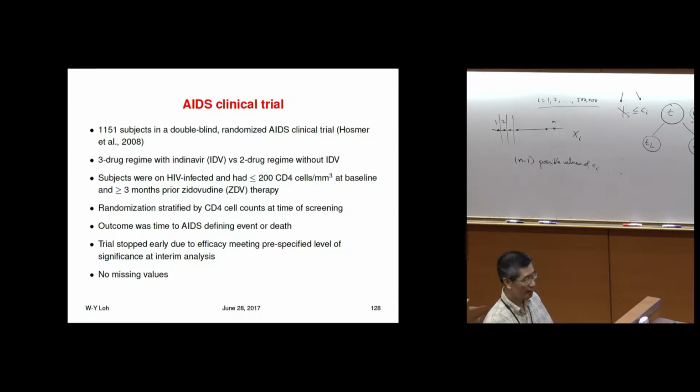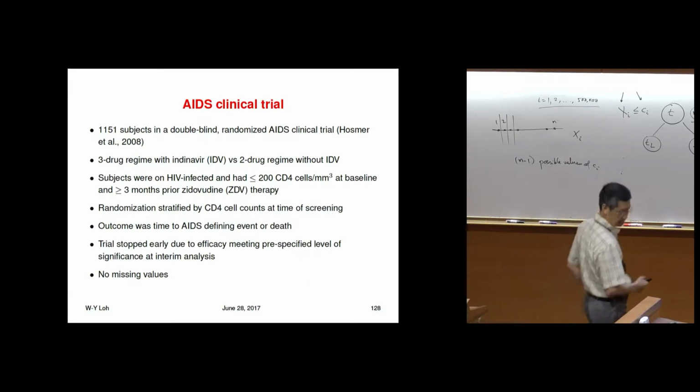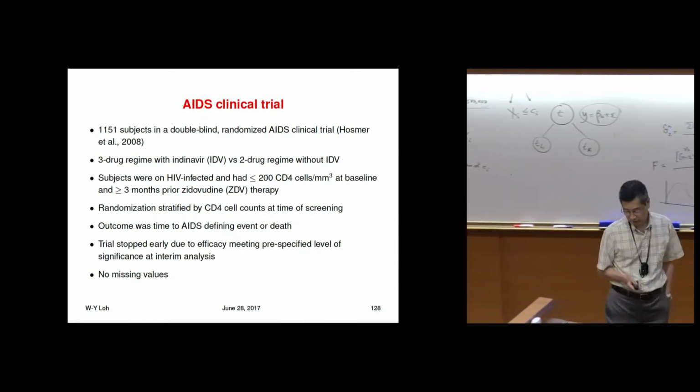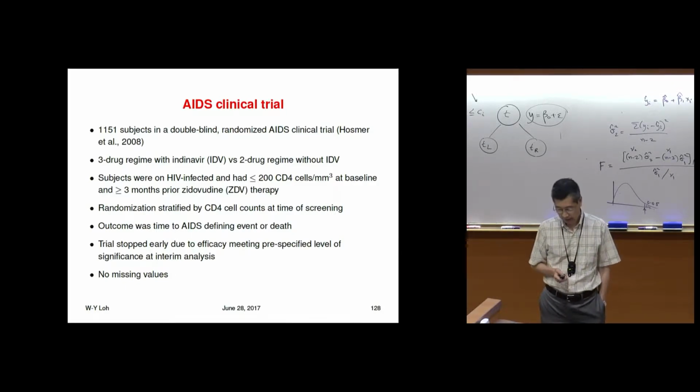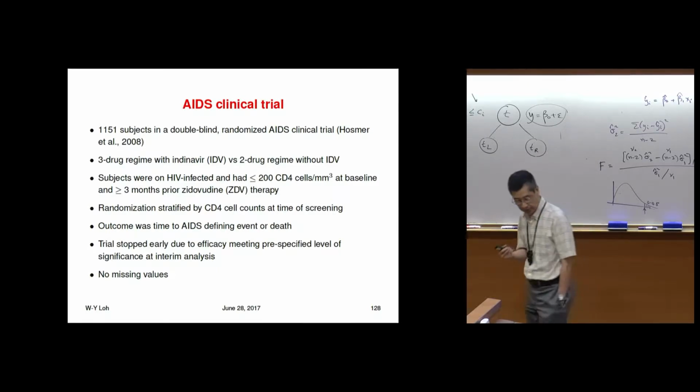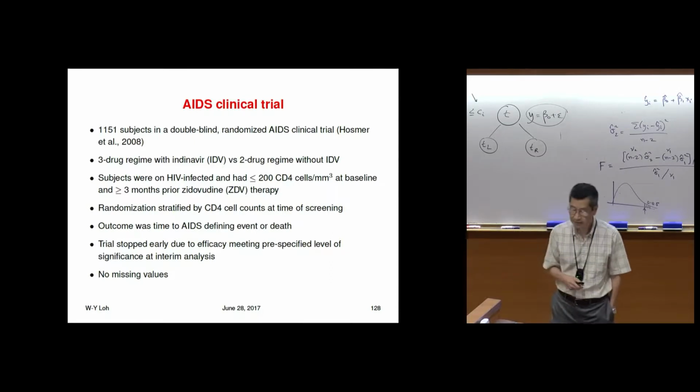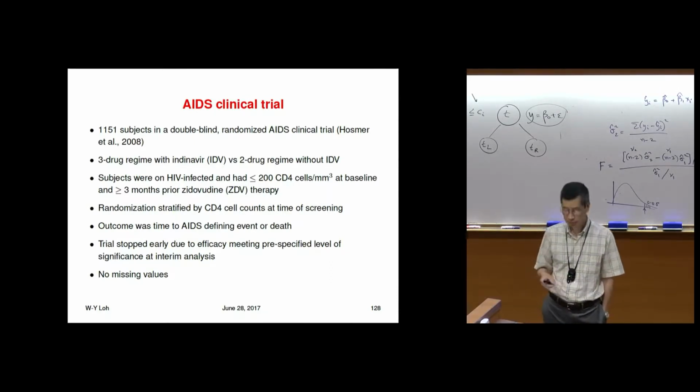The lower it is, the less your immune system is working, and that's how AIDS people die, because their body cannot fight the AIDS disease. So all these patients have less than 200 CD4 cell counts at baseline, and they all had some prior therapy. They all have at least 3 months of something called ZDV therapy. So I assume it's some sort of standard treatment already.